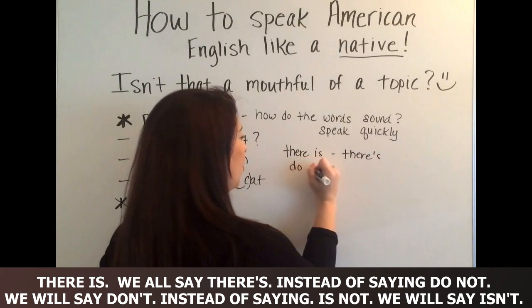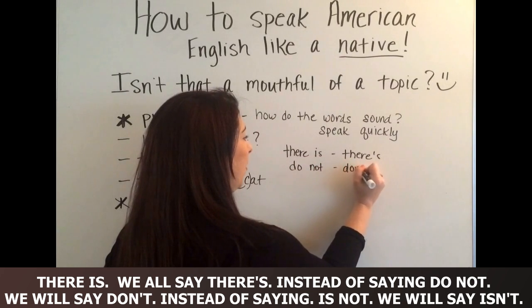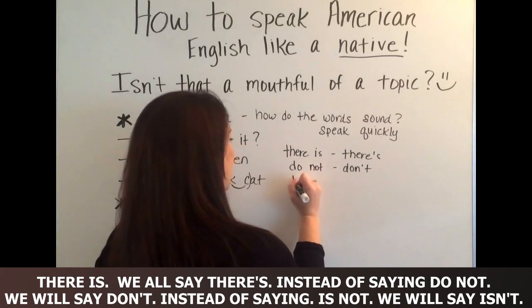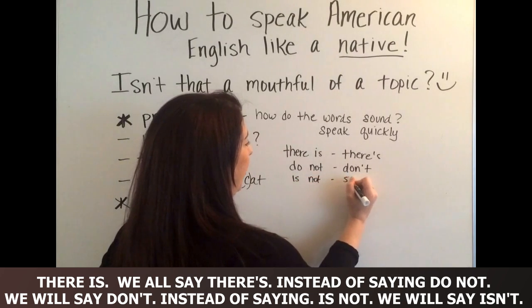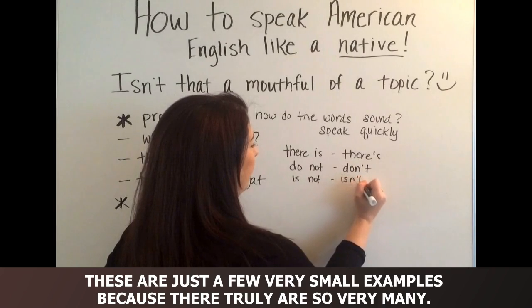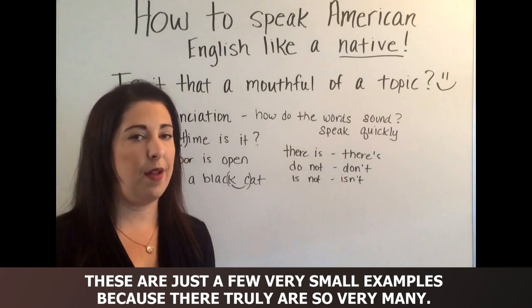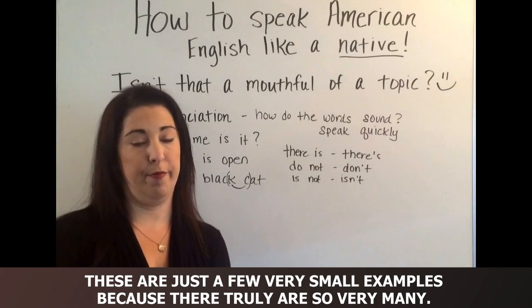Instead of saying "do not," we will say "don't." Instead of saying "is not," we will say "isn't." These are just a few very small examples because there truly are so very many.